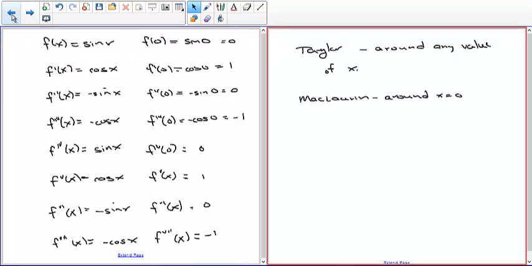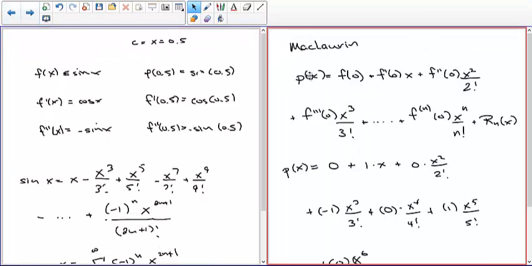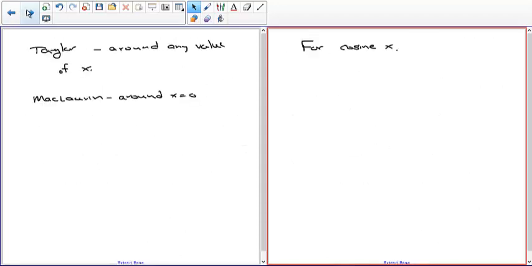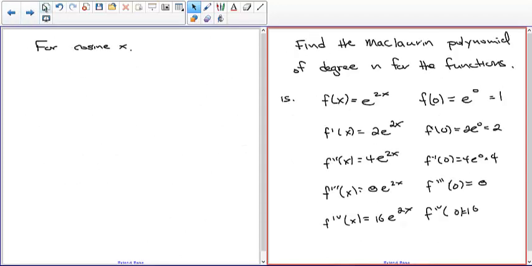If you remember yesterday, the Maclaurin series is you take each one of those derivatives evaluated at x equals 0 and multiply it by the appropriate x to the power divided by that power factorial. So the final part, you just plug it into the equation.